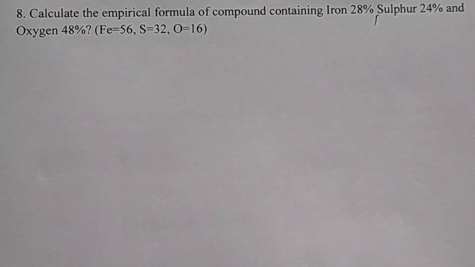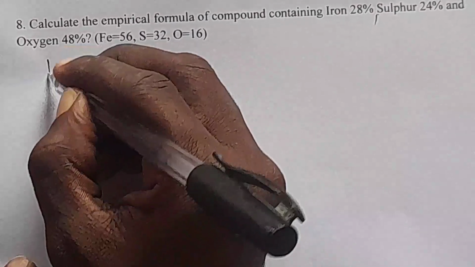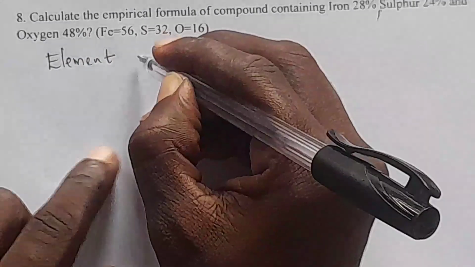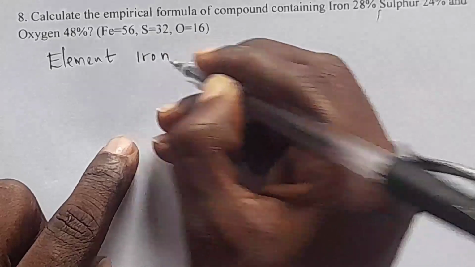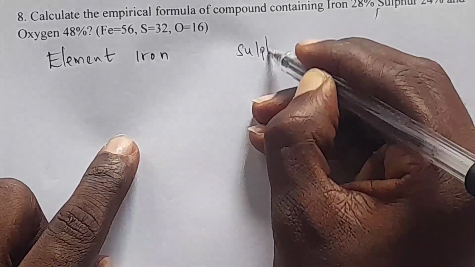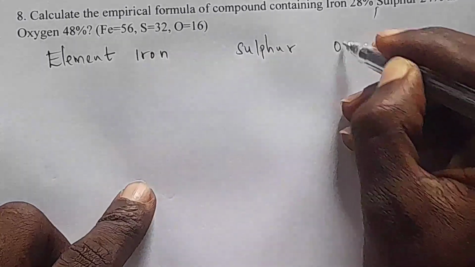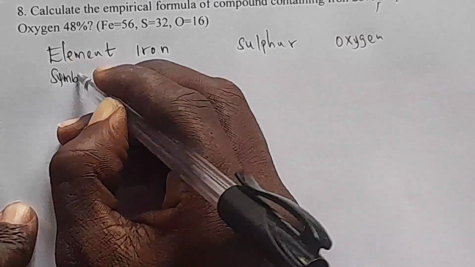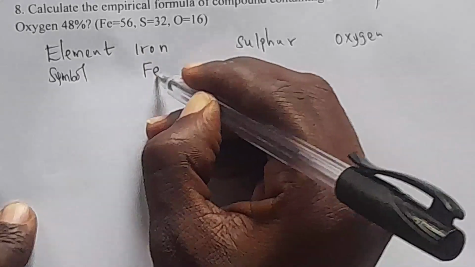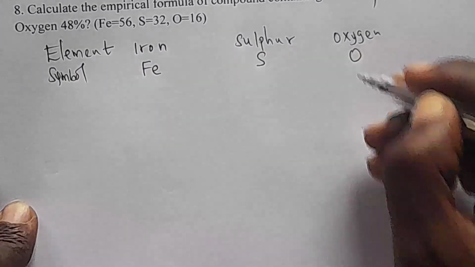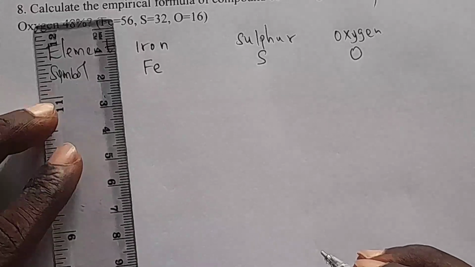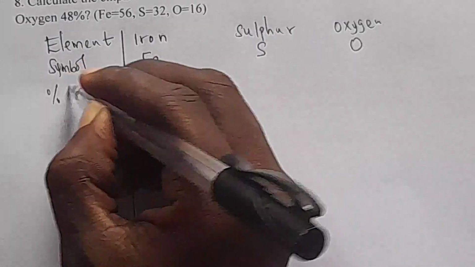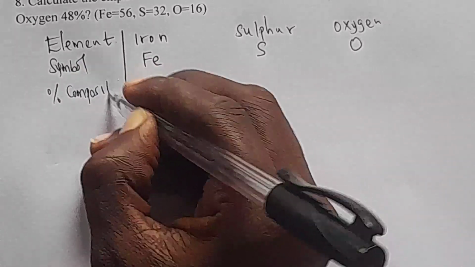Okay, first of all, we start with our elements again. The elements given here are iron, so I'm going to write iron, then we are given sulfur, then lastly we are given oxygen. The symbols for these elements: we write iron Fe, sulfur S, oxygen O. After the symbol, we have the percentage composition.